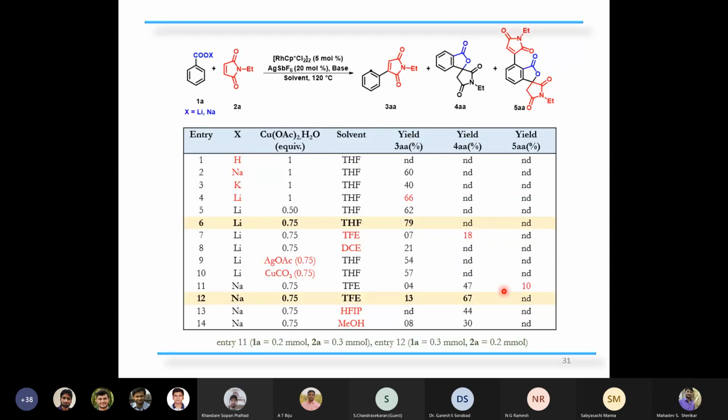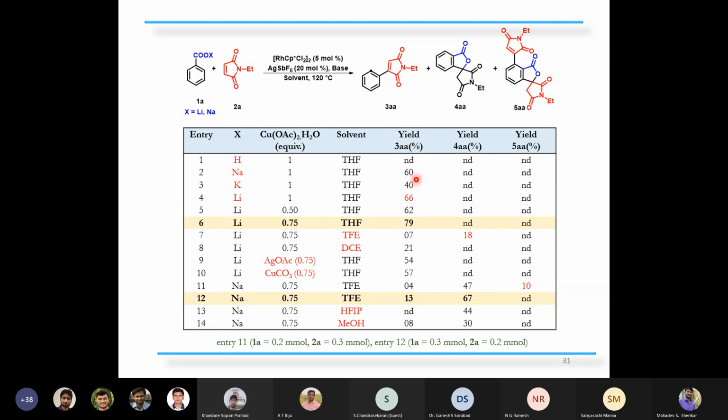So with this idea, we started our reaction with benzoic acid, entry first, the benzoic acid with copper acetate in THF solvent, but unfortunately, we did not get any product. Hence, we increased the nucleophilicity of the directing group by, instead of using acid, using the sodium salt of benzoic acid, and surprisingly, we got the HEC type product in 60%.